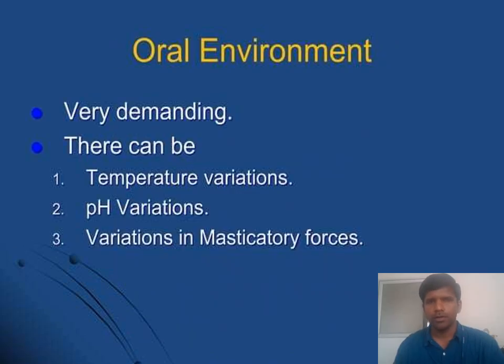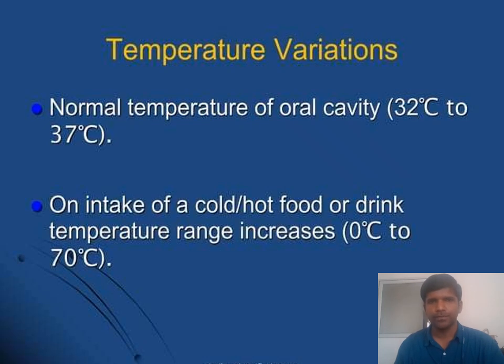Coming to the oral environment, these dental materials are very demanding. There can be temperature variations in the oral environment. There can be pH variations and also variations due to masticatory forces. Coming to temperature variations, the normal temperature of the oral cavity is 32 degrees Celsius to 37 degrees Celsius.